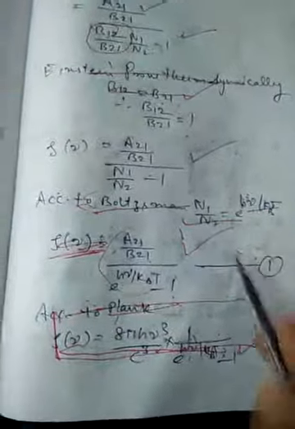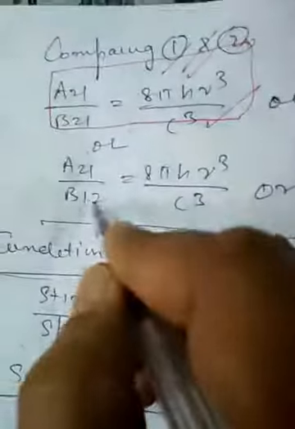Now we compare them, and after comparing we get the value of A21 upon B21 equal to 8 pi h mu cube over c cube, where 8, pi, h and c cube are constants, so it depends upon the frequency cube. Since we already know that B21 is equal to B12, we can put A21 upon B12 equal to 8 pi h mu cube over c cube.